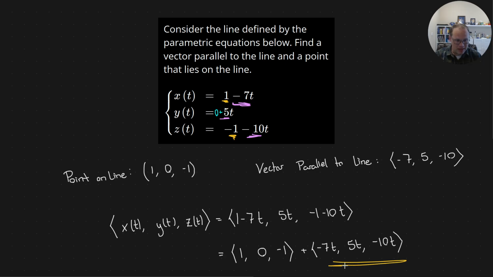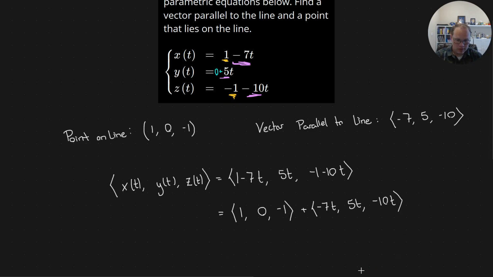And then because I separated this so that only components with t's are in this vector, I can factor out t here as a scalar multiple. So I leave the first vector unchanged. And in the second vector, I'm going to factor out the common scalar multiple t.